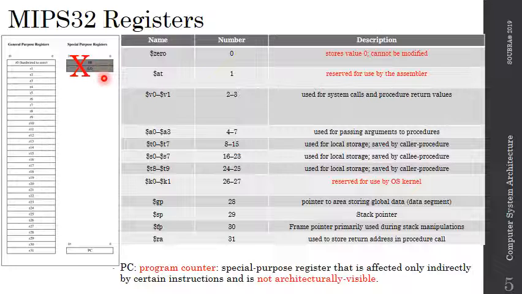And these are the high and low registers. Now the question is, why would the MIPS people decide to create two special purpose registers and call them high and low?